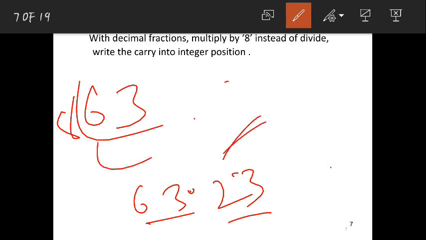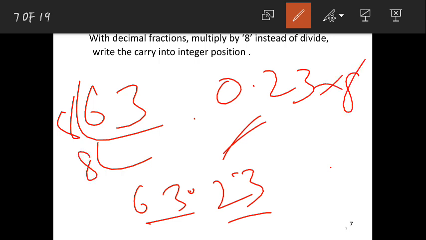And this fraction part, you just need to multiply with 8. Repeatedly, you should keep multiplying. We can keep doing this, because after a few numbers, if you get a repeated number, then you can stop.